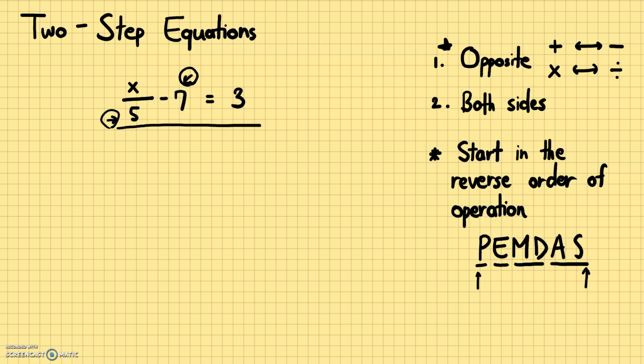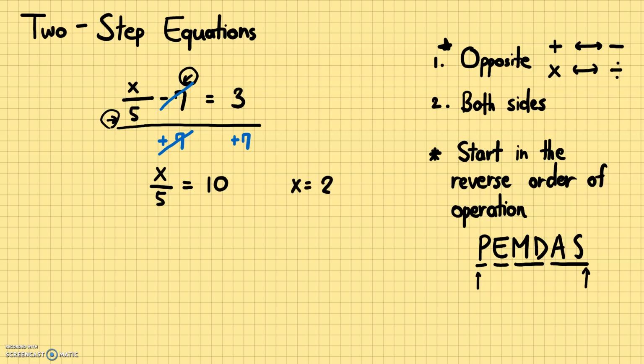So let's get rid of the minus 7. How do you get rid of the minus 7? You have to add 7 to both sides. Right, we're doing the opposite, and the minus 7 and the plus 7 cancel. It becomes 0. So now we have x divided by 5 equals, what is 3 plus 7? It's 10. And please, please, please don't say that x equals 2.